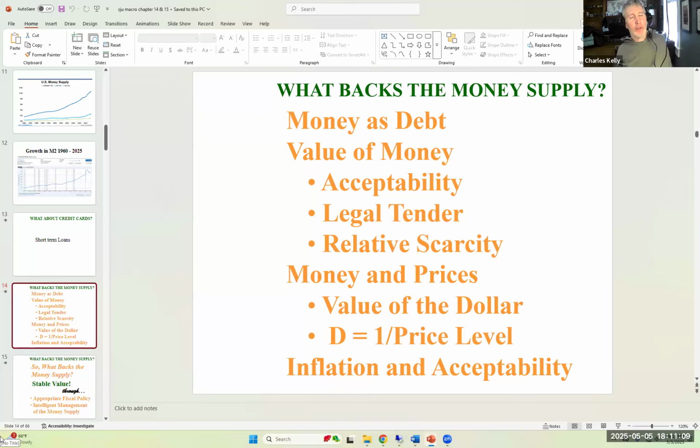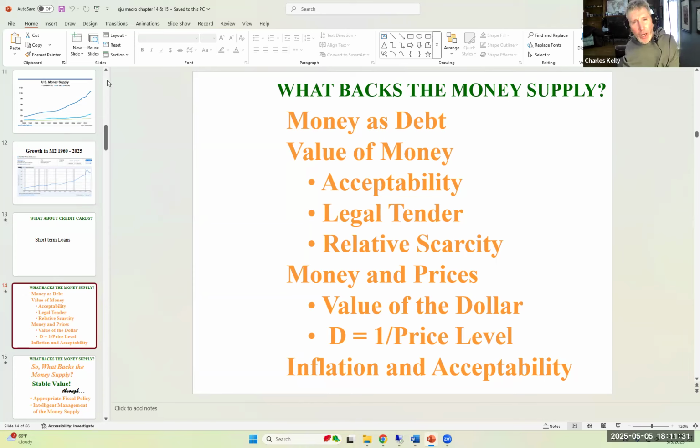But in 2022, we had 9% inflation. So literally, between the end of 2021 and the beginning of 2023, your dollar lost 9% of its purchasing power because price level inflation went up. So the value of a dollar varies inversely with price level.